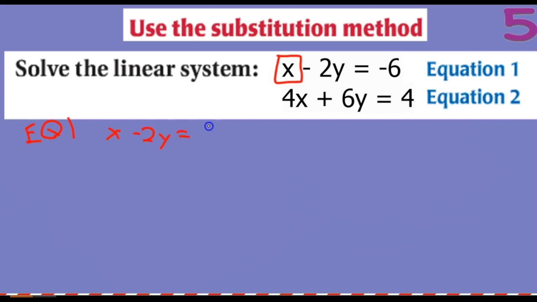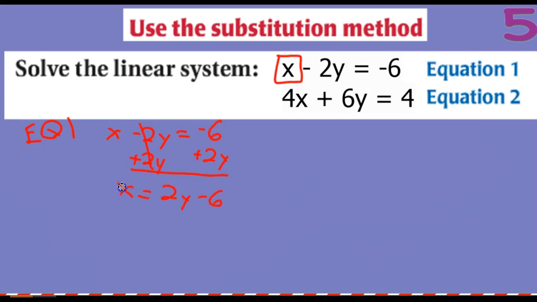So we have x minus 2y equals negative 6. I'm going to move over the 2y by adding that. And we get x equals 2y minus 6.